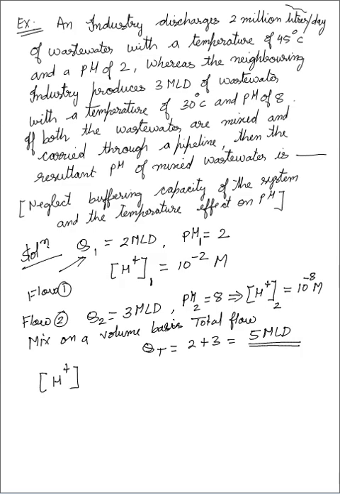So H plus of mix, we have the value of individual H plus. So Q1 H1 plus Q2 H2 divided by Q1 plus Q2, that is QT basically.